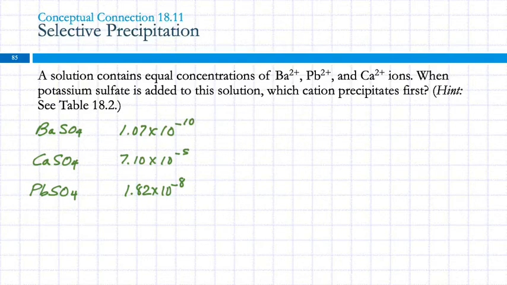Which cation will precipitate first? It's going to be the one with the smallest KSP. So it'll be the barium sulfate.